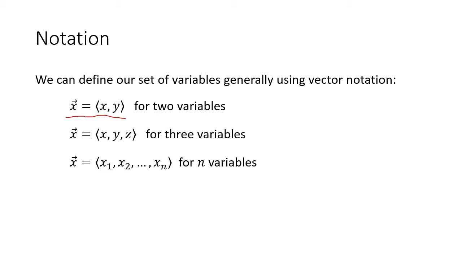So again, x and y for 2 variables, x, y, and z for 3 variables, or, and admittedly this shows up more in linear algebra, but we can generalize our proofs this way too. No matter how many variables I have, if I have dozens of variables, I can represent them as that vector x, and then just write each one as x1, x2, x3, all the way up to xn.